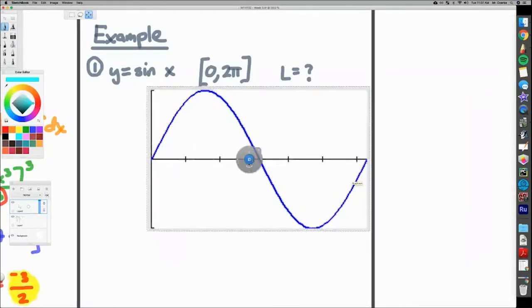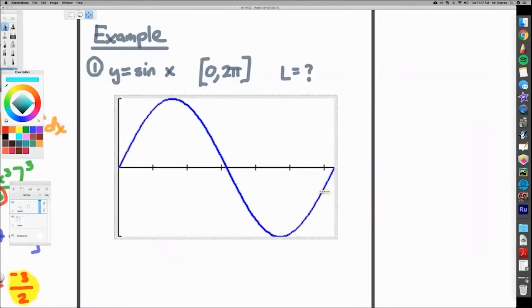If you ran a straight line, from here to here, it's 2 pi. You're obviously going longer than this. If you were going from point A to point B, you'd want to do a straight shot. If you were driving, you would want to drive straight there. You wouldn't want to go all the way around and all the way up here.